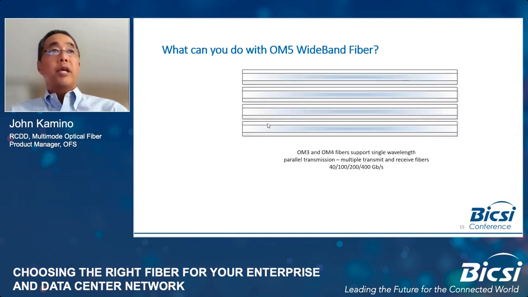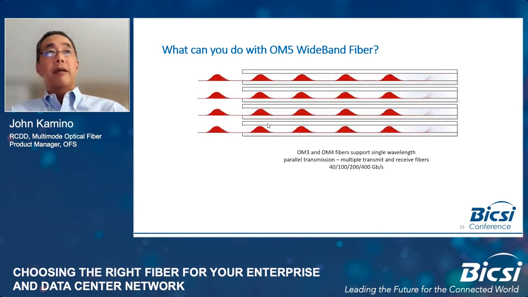When the first 40 gigabit standards came out, though, to increase the bit rate, we went simply to multiple fibers. So instead of a single fiber carrying 10 gigabits per second, we had 4 fibers carrying 10 gigabits per second for an aggregated 40 gigabits per second.